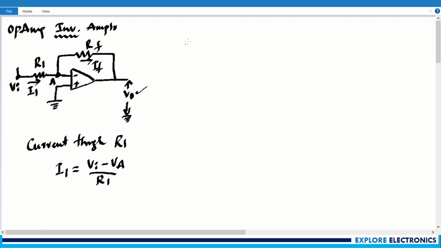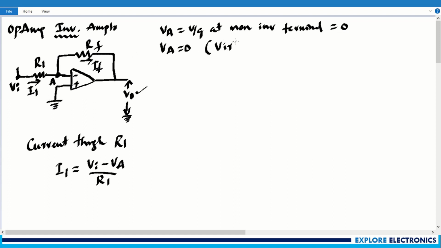Here we need to understand one thing, that the voltage present at VA will be equal to the voltage present at the non-inverting terminal. So what is the voltage at the non-inverting terminal? The non-inverting terminal voltage is 0 since we have connected to 0. That's why VA becomes 0. This concept is called virtual ground concept. Because of virtual ground, we are taking VA as 0.